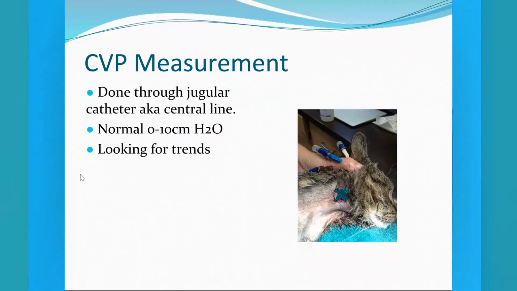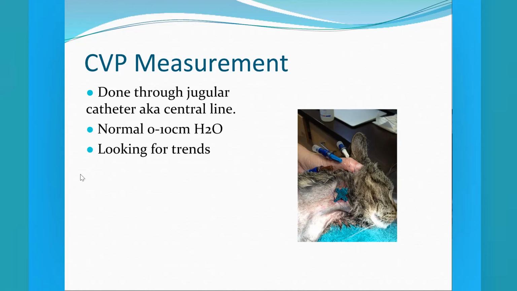And then another way to measure blood pressure and then also hydration is by doing CVPs, especially when working in an ER facility or any specialty facility. But you can even do this obviously in a general practice because honestly, jugular catheters really aren't as difficult to place as you think, especially if you can keep them clean.